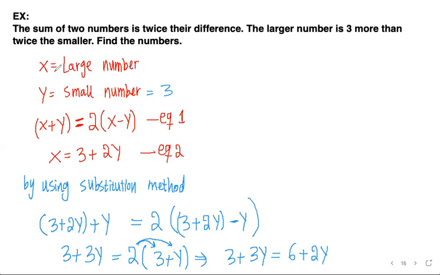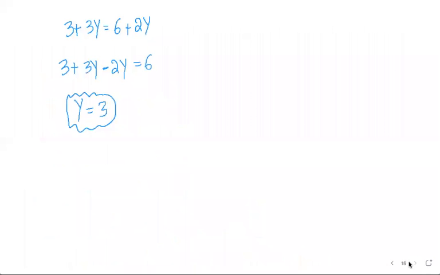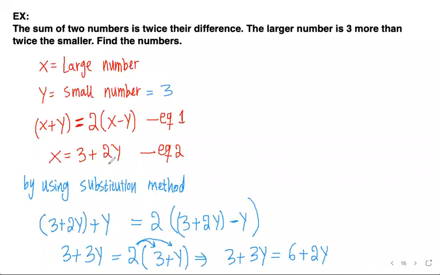Now to find the large one, just plug inside the second equation. Don't you add 2y into 3y? Where? This one?